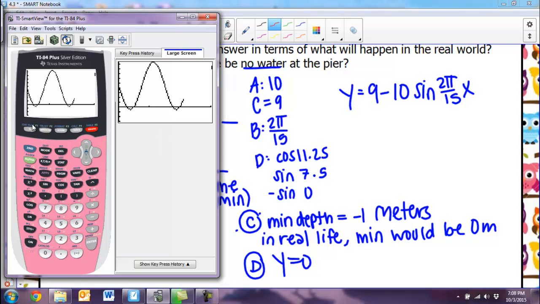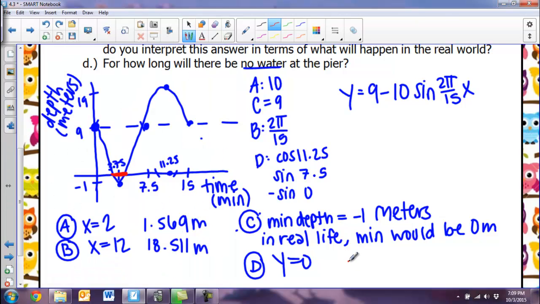Then I'm going to go to second trace, number 5, and find that curve. Here we go. Enter, enter, enter. I find that that first point is at 2.67.